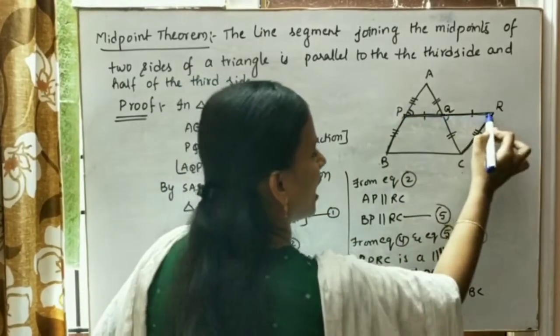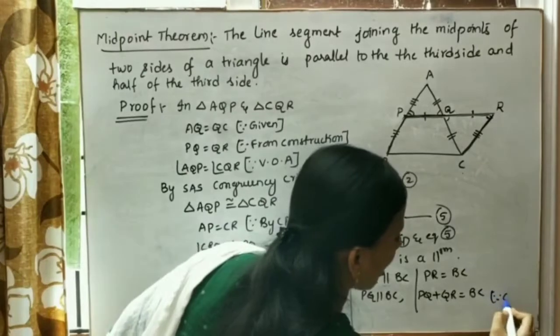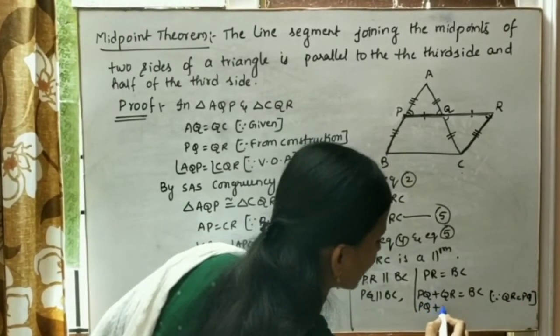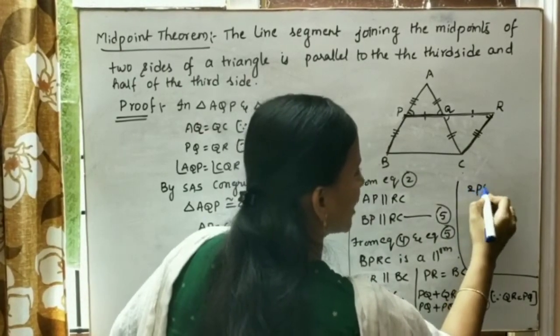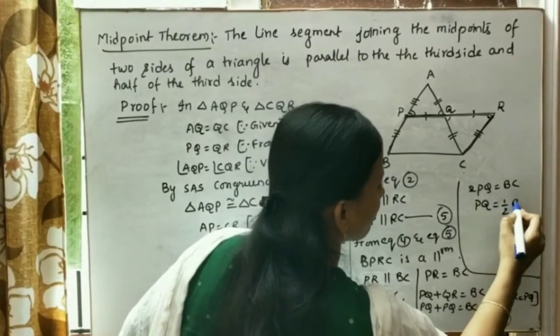But PQ is equal to QR, so in the place of QR, we can write PQ. So PQ plus PQ is equal to BC. So 2PQ is equal to BC. So PQ is equal to half BC.